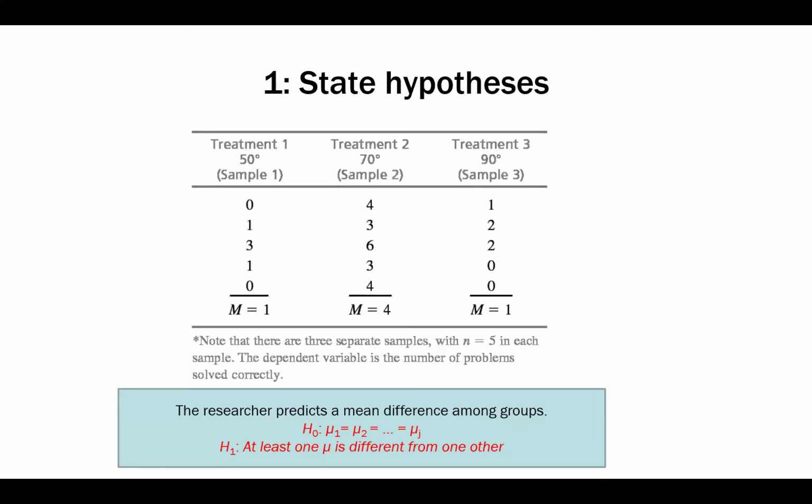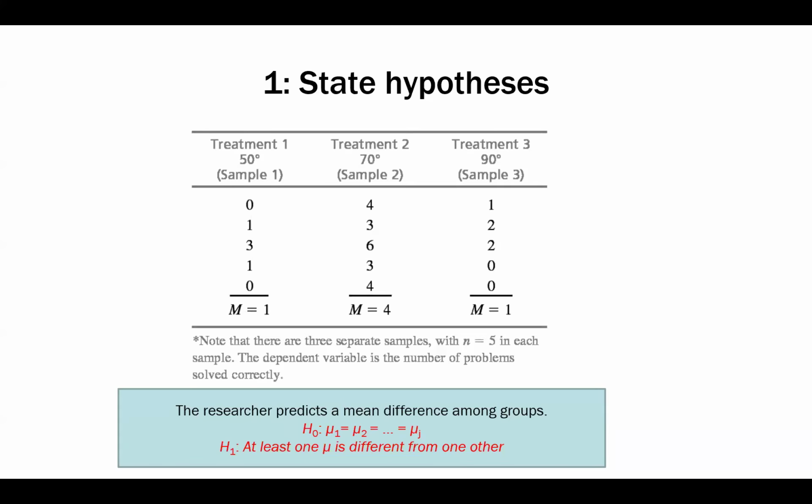One way of stating the hypotheses is just the generic formula. For the null, mu1 is equal to mu2 is equal to all the other mu's up through the last mu. And a way to state the alternative is that there is at least one difference.